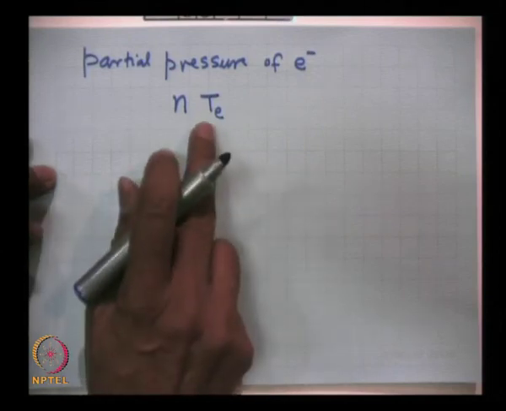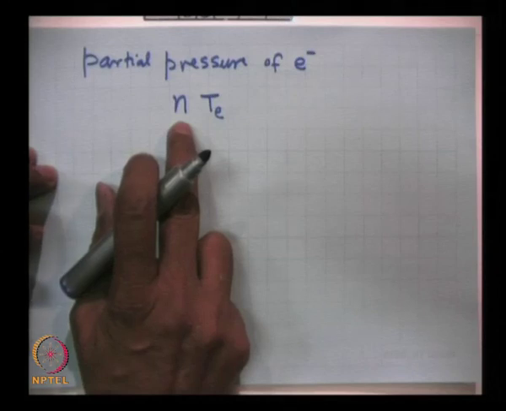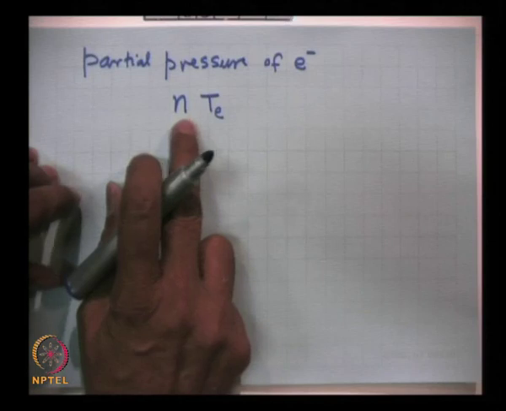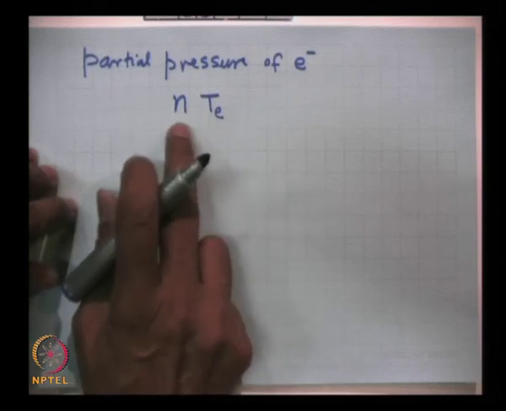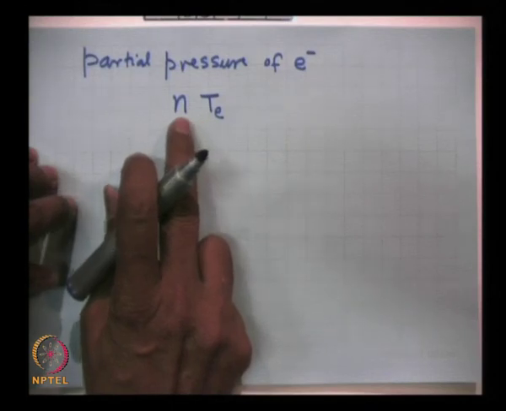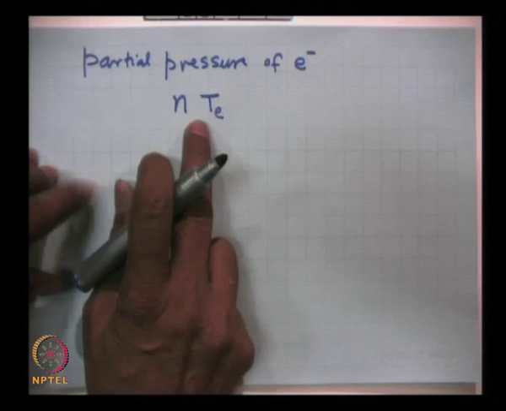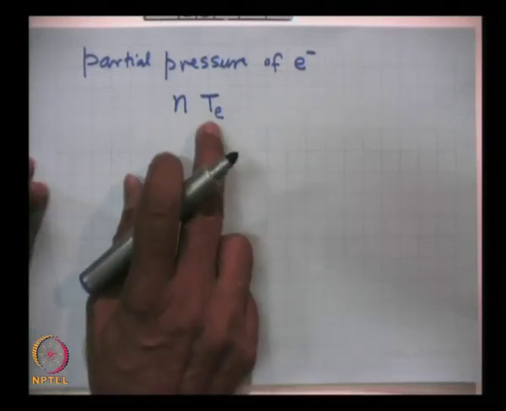Here the Boltzmann constant is hidden in Te. You are familiar with the pressure of a Maxwellian gas as the product of density, Boltzmann constant and temperature. For electrons, density is n, and k_B T we simply call Te. This is temperature in energy units.